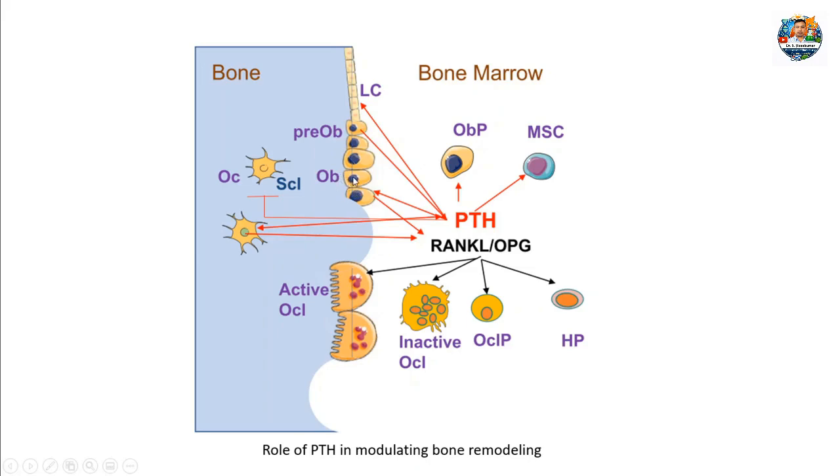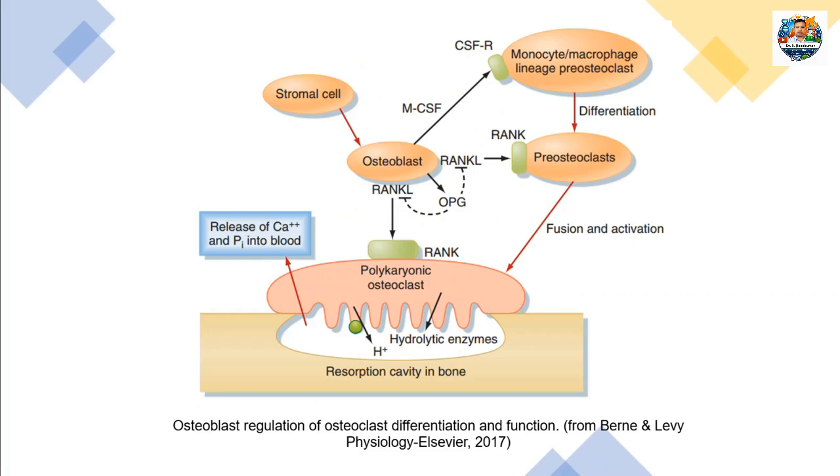Osteoblasts will produce some active molecules which will then bind to the precursor or inactive osteoclast, whereby this inactive osteoclast will be converted to the active osteoclast. So in simplified terms, parathyroid hormone will allow osteoblasts to produce more active osteoclasts. We'll see this in a clearer picture in the next slide, as you see here.